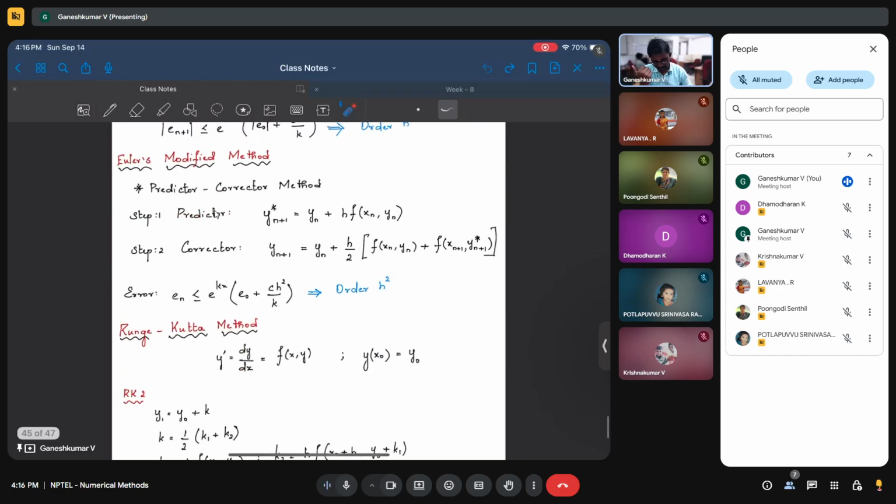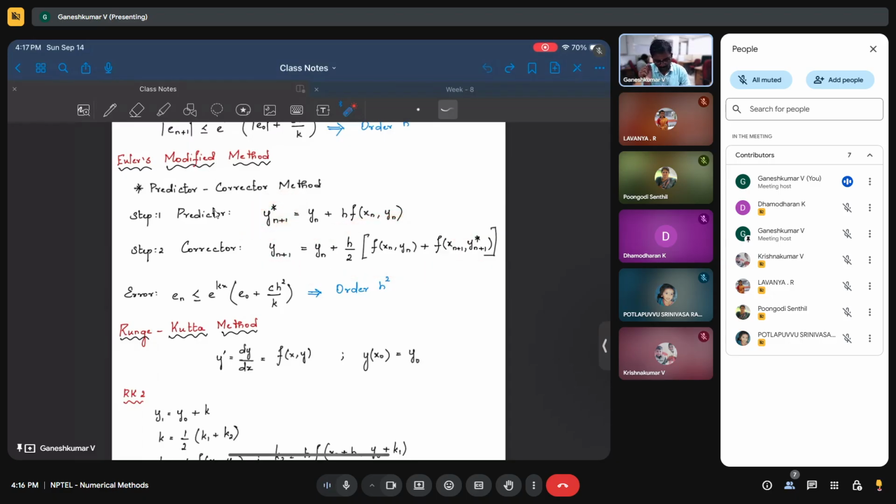And the next one we studied was Euler's modified method. Actually there is a class of predictor corrector methods, and one of them is the Euler modified method, where you predict a value, and using the predicted value you correct your solution. Okay, so initially you predict the value with whatever function you have, and based on this predicted value you substitute in this equation to find the corrected yn plus 1.